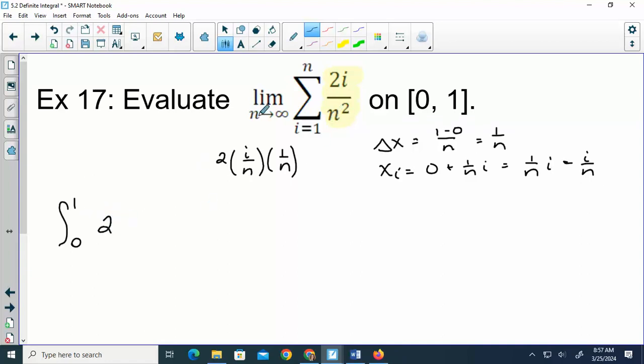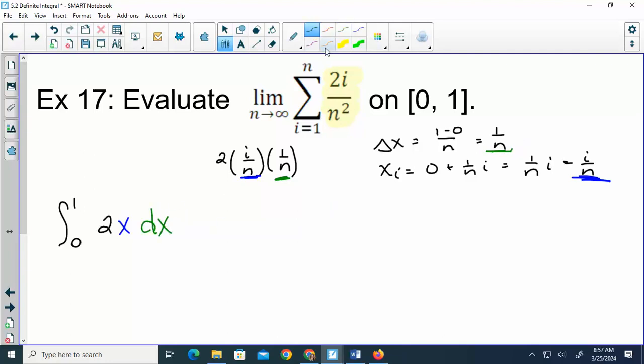So we have 2 times i over n, which is our x sub i, which would have been an x in the original function. 1 over n is the change in x, which when we have an integral, that becomes the dx.